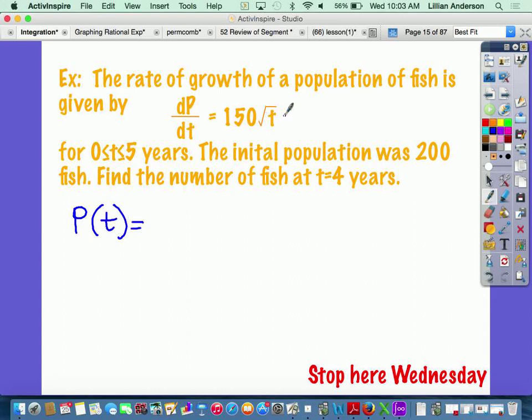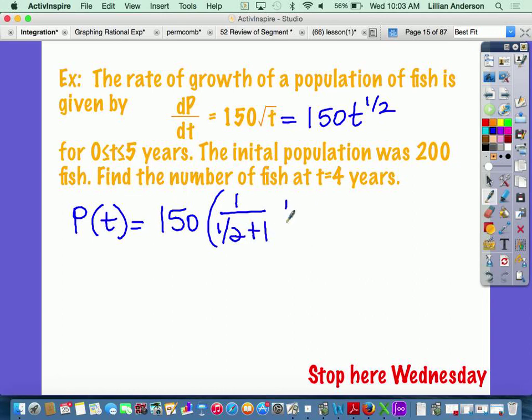How can I rewrite this radical? To the 1/2, okay? So we have to take the antiderivative of that. Take the 150, pull it out. What do we do to the exponent? Add 1. So this becomes 1/2 plus 1, t to the 1/2 plus 1. I'm writing too big, I probably won't have enough space.